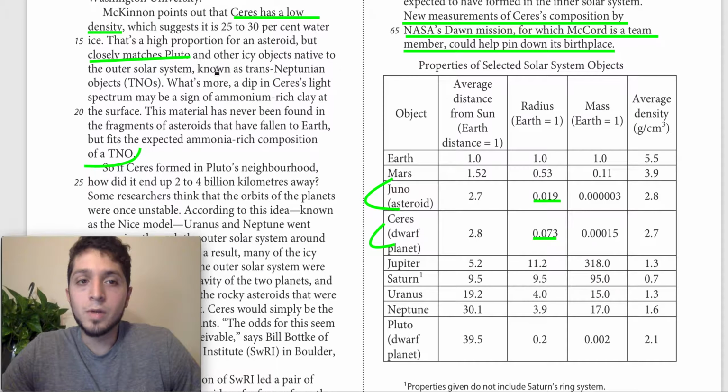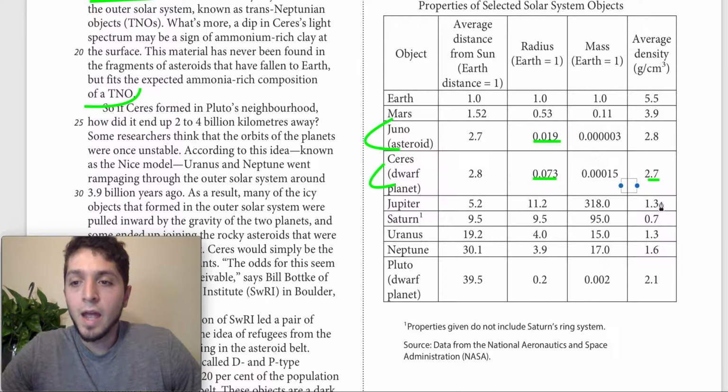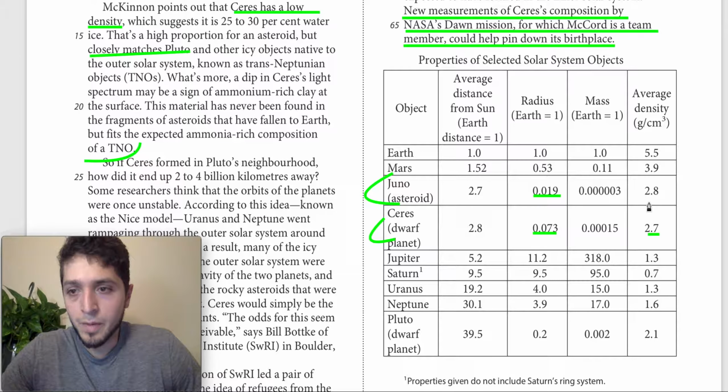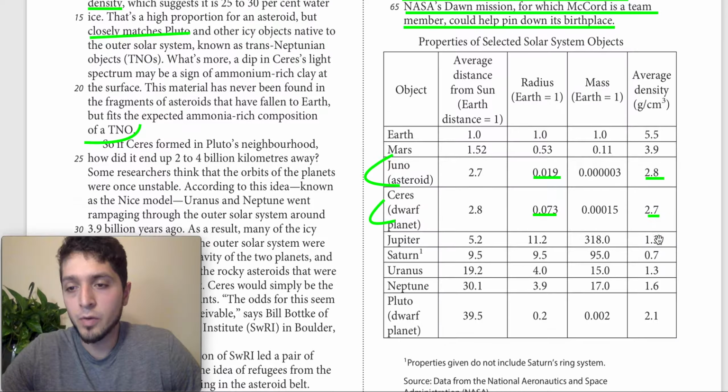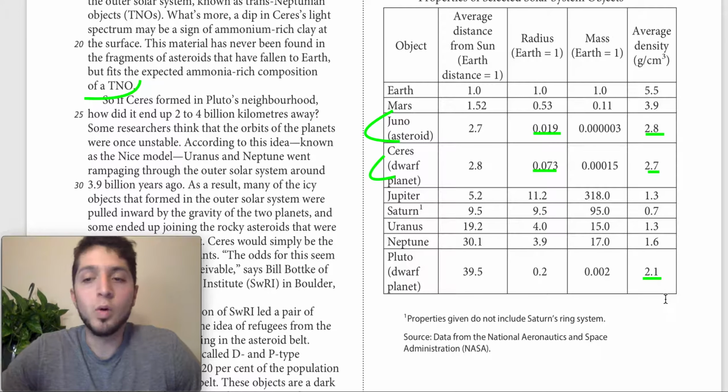What about the low density? So we look at Ceres here. Ceres has 2.7, and we don't have much to compare it to as far as other asteroids except for maybe Juno, where the density is actually pretty similar. However, we can note that it is kind of similar to Pluto, 2.1 to 2.7.